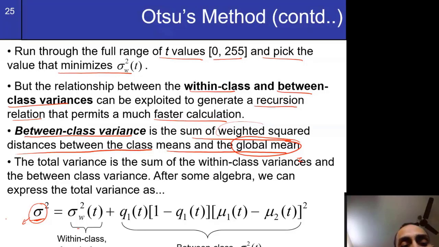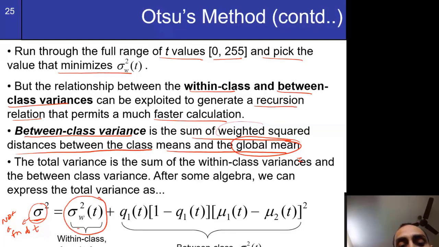Now this total variance is not a function of t, not a function of your threshold value, because the image variance is going to be the same irrespective of what t value you choose as a threshold.